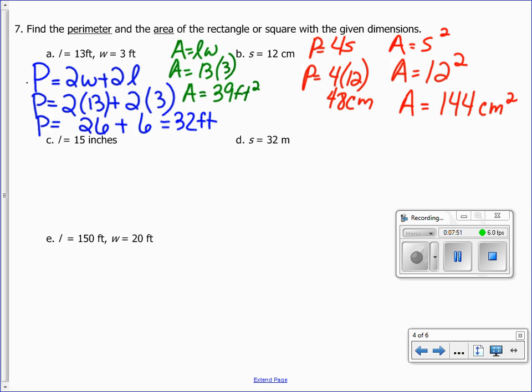Now recall, here's the formula for perimeter that you'll use and the formula for area that you'll use. Perimeter is equal to 2 times length plus 2 times width.